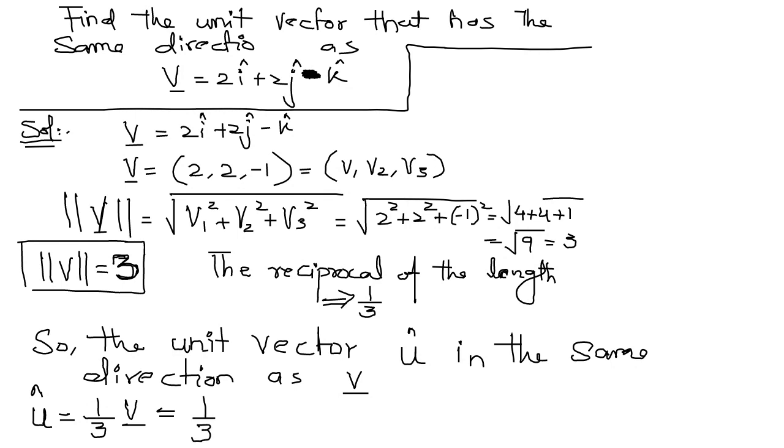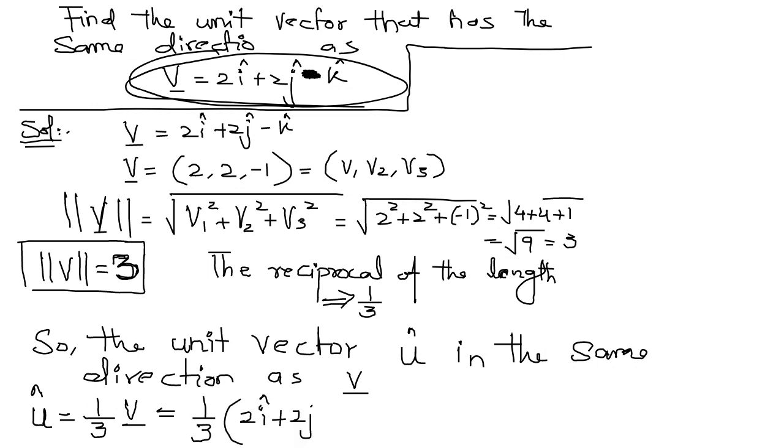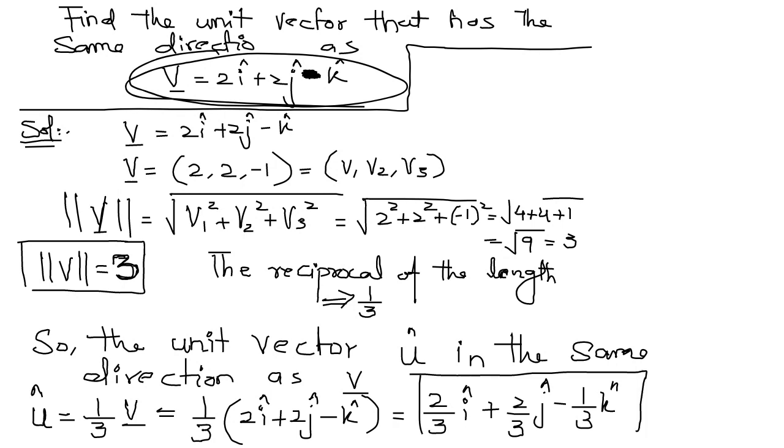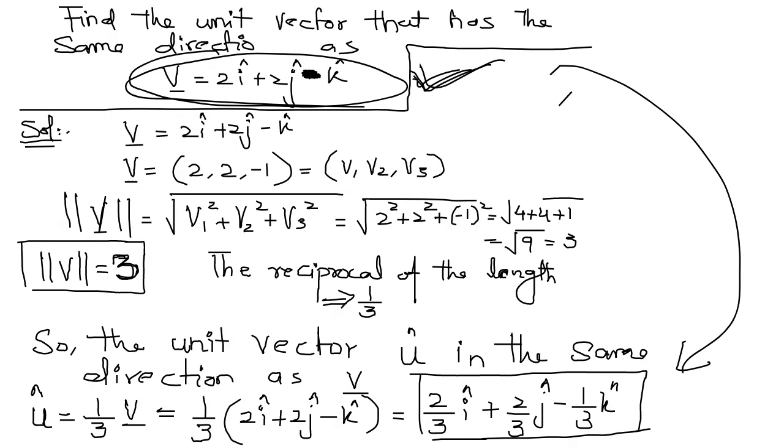So 1 over 3 times the vector, which is 2i plus 2j minus k, is equal to 2 by 3 i plus 2 by 3 j minus 1 over 3 k. So this vector is the normalized vector. We normalize the given vector into this form, so this and this have the same direction.